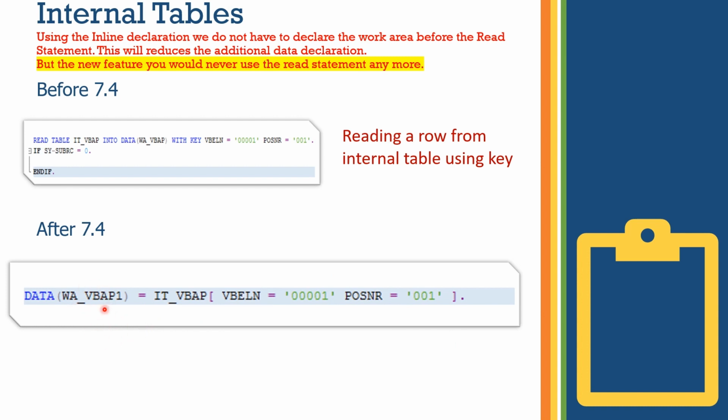This is a variable, and it would hold the data after this operation has been completed. If the suitable key is found in ITVBAP, then WA_VBAP1 will hold the relevant data. This is an example. Next slide.